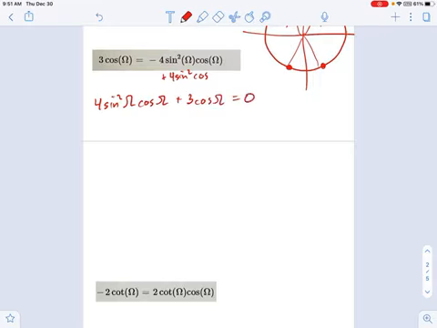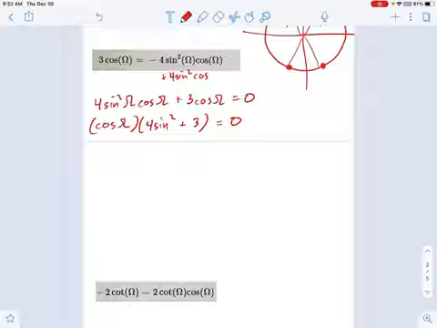Now I factor out my GCF, that's cosine of omega, and what's left on the inside? That's 4 sine squared plus 3, it looks like. Okay, 4 sine squared plus 3. Now we solve each of these separately.